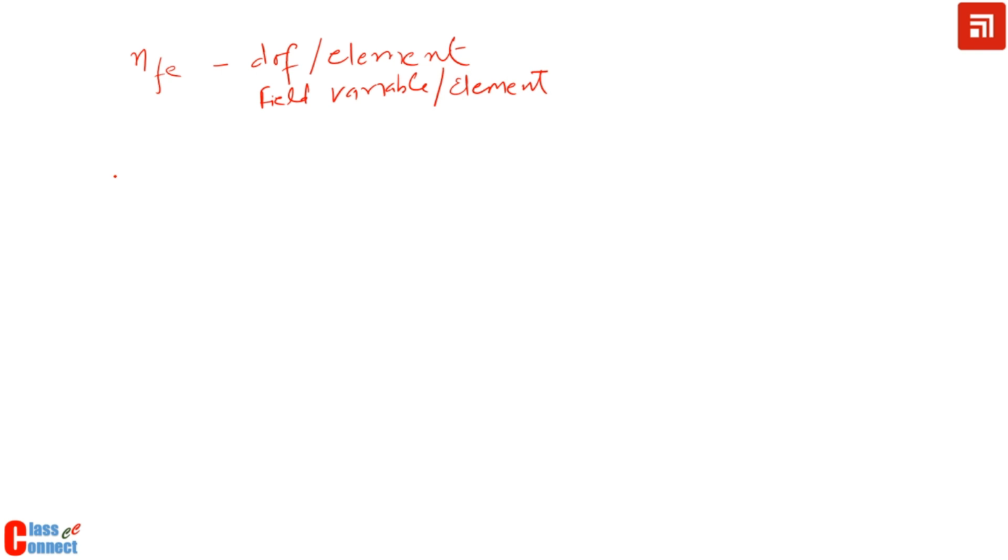And if I assume that phi x is the field variable, then we will have phi 1e, phi 2e, up to phi NFE as the total number of nodal variables.